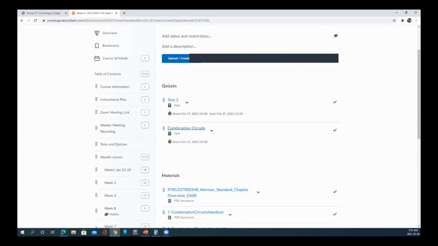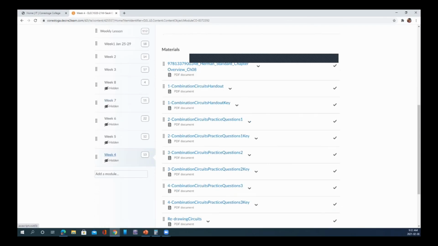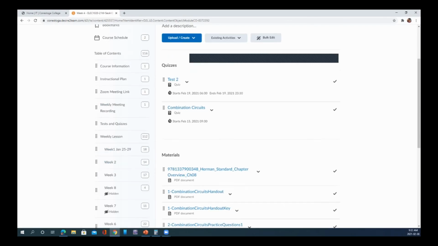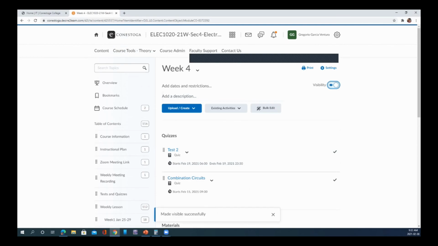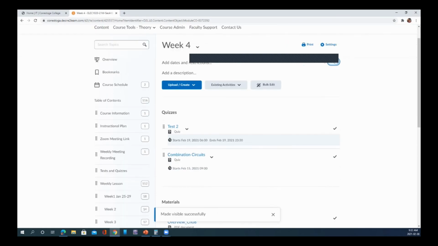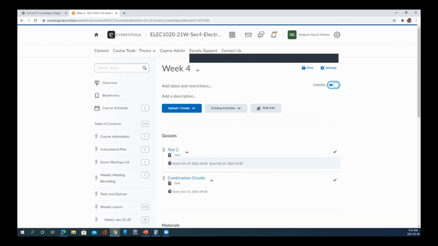I'm not going to make the combination circuits available right away. It's going to be available on the 12th, at the end of this week, and if you want, you can go ahead and start browsing that topic.